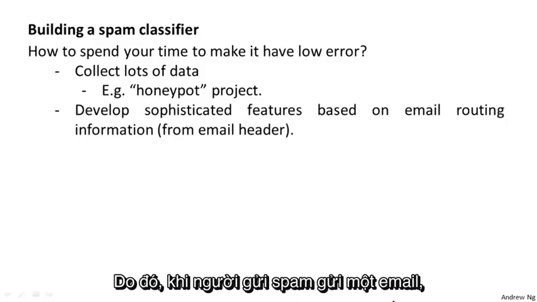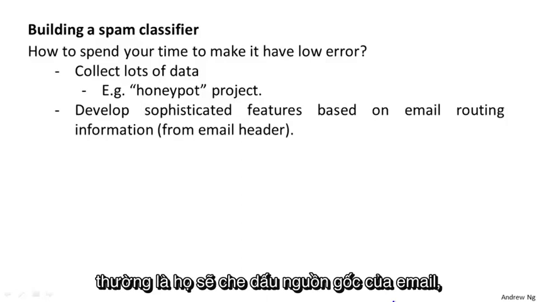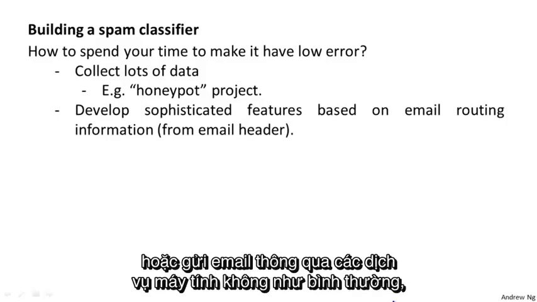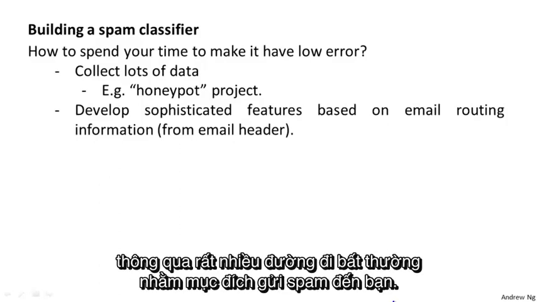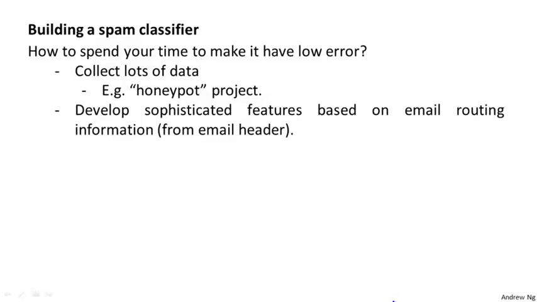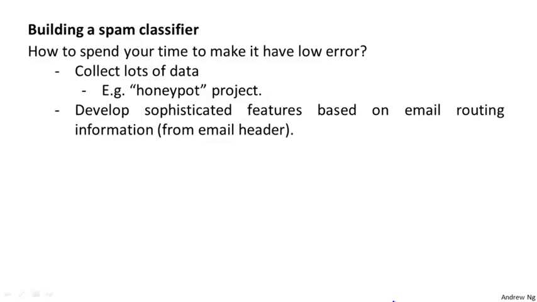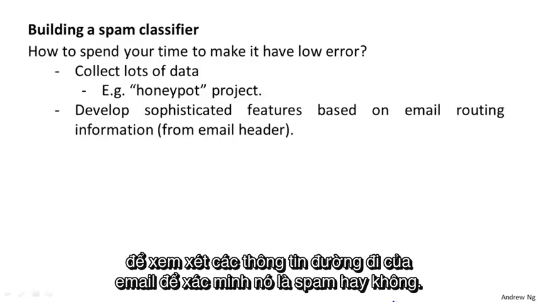So when spammers send email, very often they will try to obscure the origins of the email and maybe use fake email headers or send the email through very unusual sets of compute servers, through very unusual routes in order to get the spam to you. And some of this information will be reflected in the email header. And so one can imagine looking at the email headers and trying to develop more sophisticated features to capture this sort of email routing information to identify if something is spam.